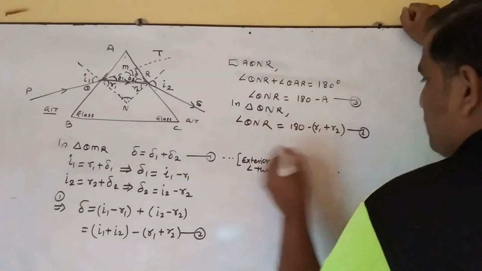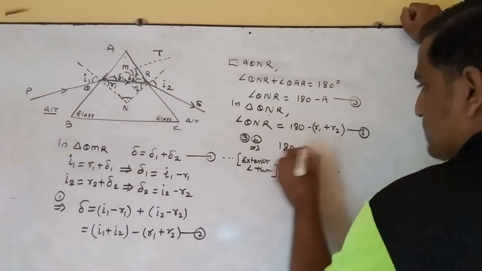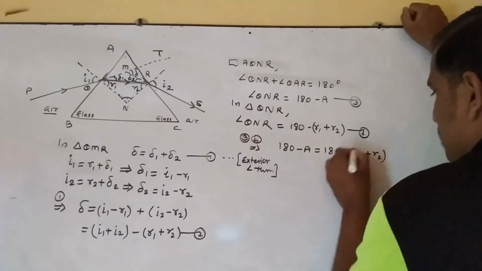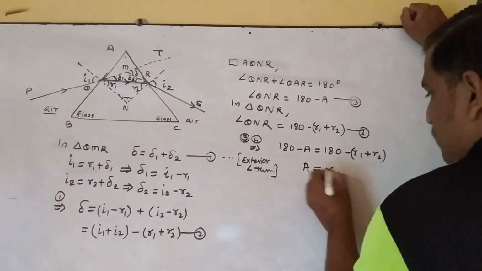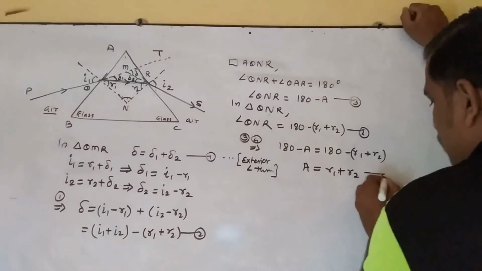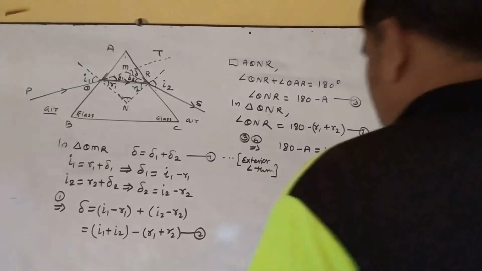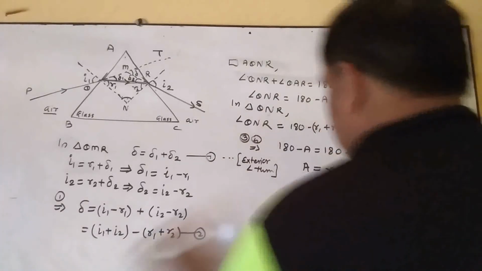Both angles are the same. So third and fourth imply that 180 minus A is equal to 180 minus R1 plus R2. So here the 180 gets cancelled. A is equal to R1 plus R2. I say this as fifth. Now we can put this value of A for R1 plus R2 here in this second.